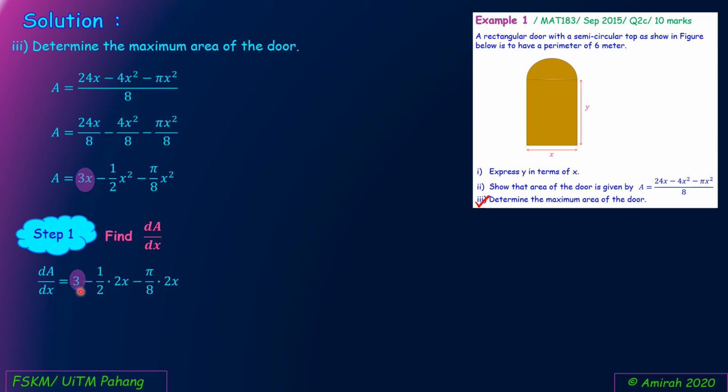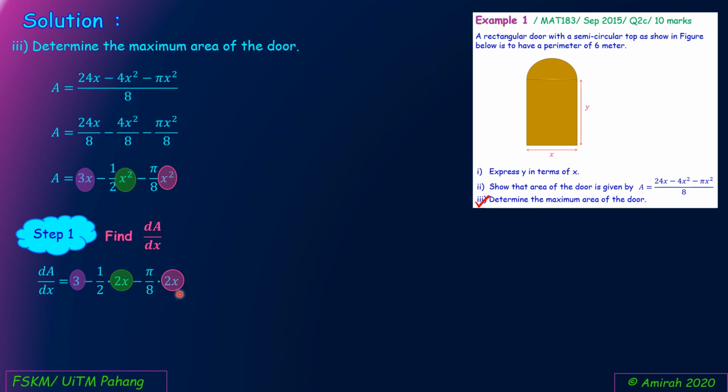We just differentiate one by one because in between is minus, so we differentiate using sum and difference rule. Then minus, and then we have a constant here, so we still put the constant. Then we differentiate x squared using power rule, so we get 2x. And then minus constant pi over 8, and then we differentiate x squared, so we get 2x.